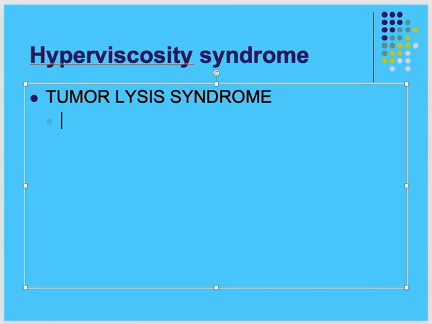So potassium will be released, uric acid will be released, and phosphate will be released. When phosphate is released, remember it is going to bind with the calcium, so the calcium will be decreased.